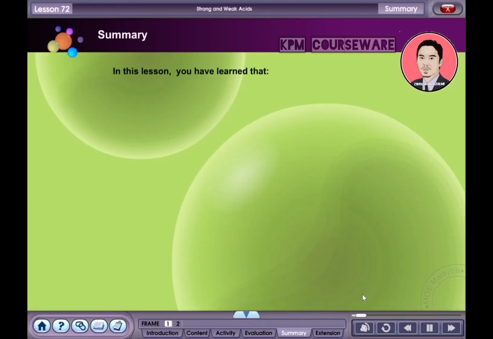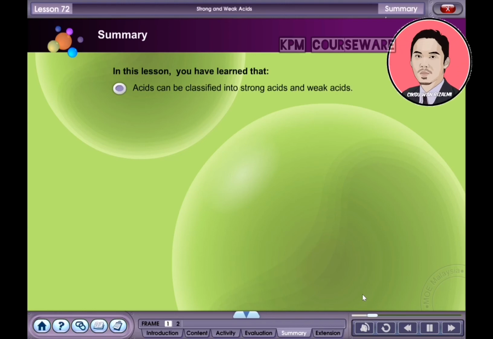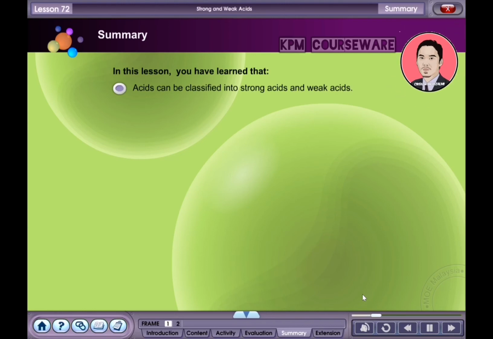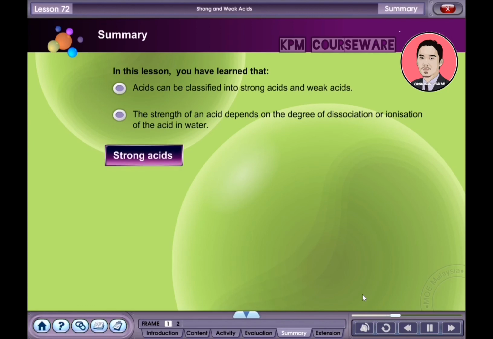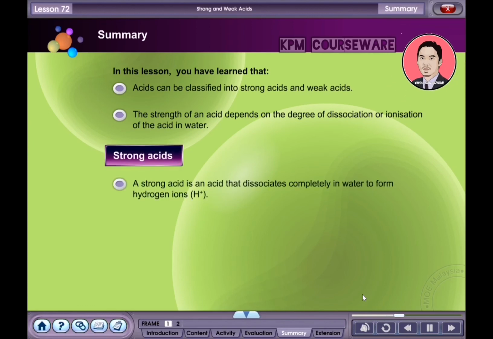In this lesson, you have learned that acids can be classified into strong acids and weak acids. The strength of an acid depends on the degree of dissociation or ionization of the acid in water. A strong acid is an acid that dissociates completely in water to form hydrogen ions.